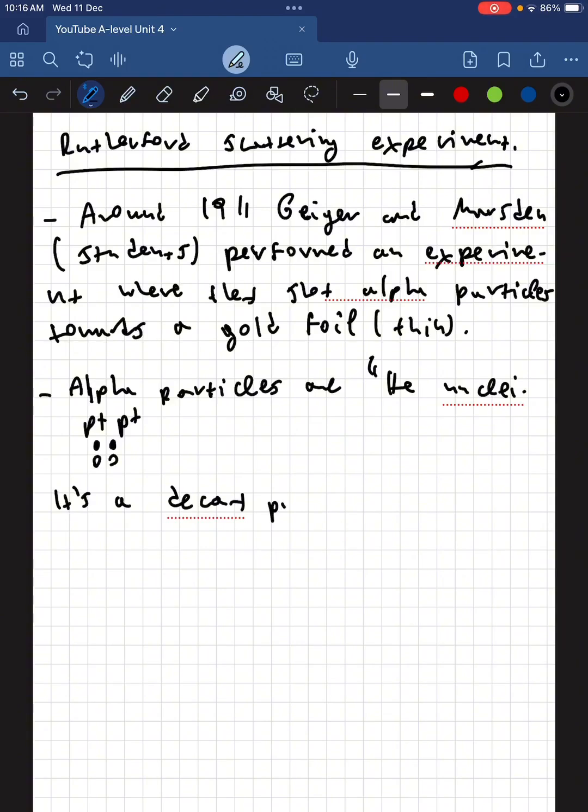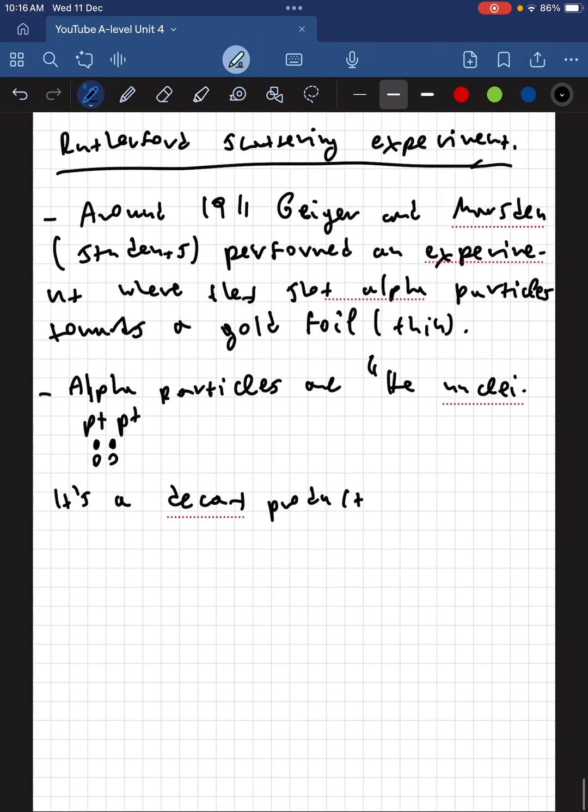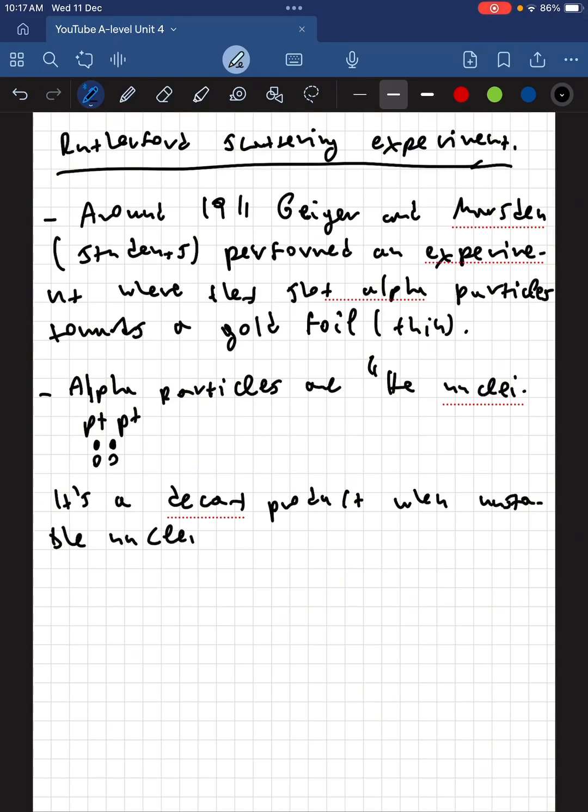So it's a decay product when unstable nuclei decay. So I'm being a little bit confusing today. I'm sorry, guys. So when we have radioactive decay, some elements are really energetic. So to go to their ground state or to become stable, they eject alpha particles.